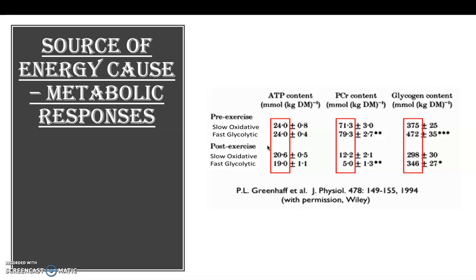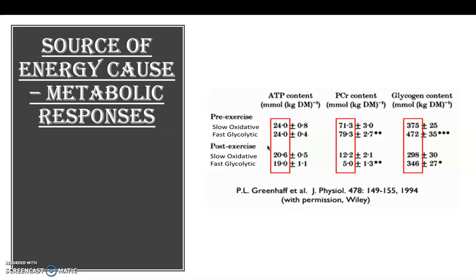But we can observe that at post-exercise, so during the recovery phase, the slow oxidative fibres now have 20.6 millimoles and the fast glycolytic have 19 millimoles. So therefore, they have both lost ATP during exercise as it's been used, but the fast glycolytic fibres have lost more than the slow oxidative fibres.